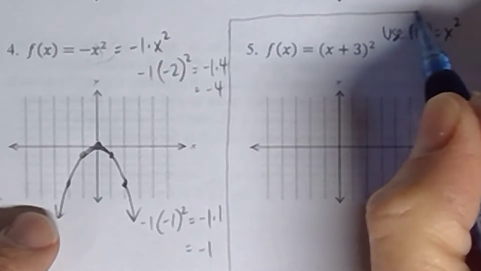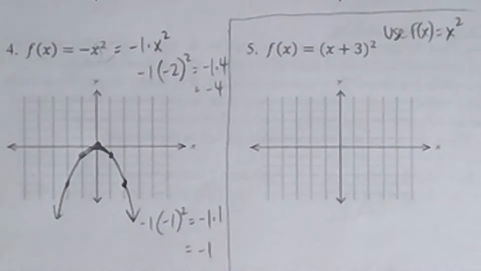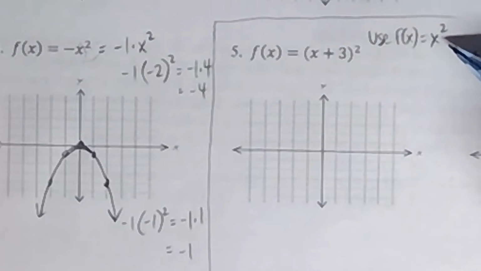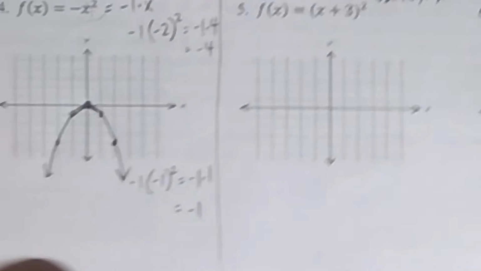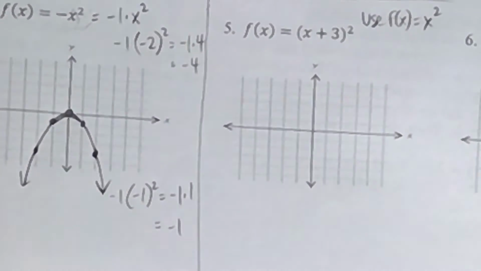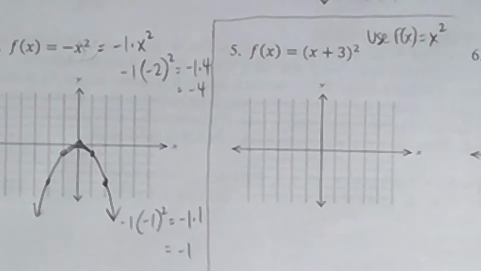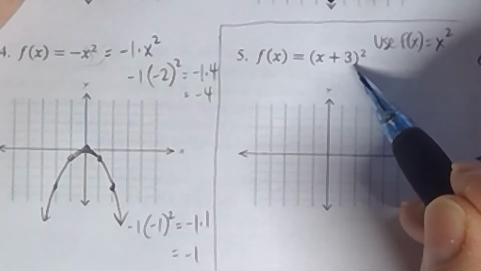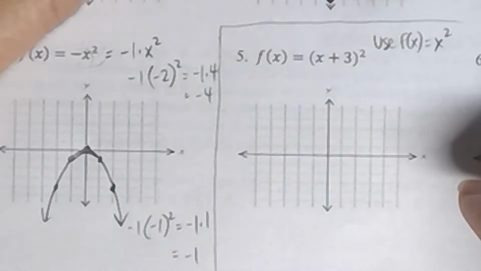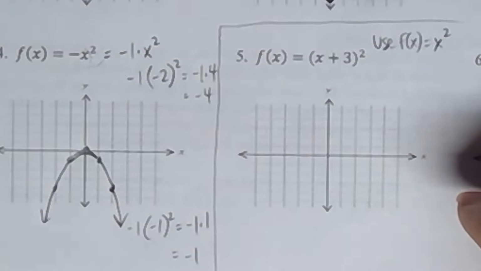Since you picked x squared, you have to ask yourself, what's being squared? What is being squared here? It's not x this time, but because we have a parenthesis next to the exponent, the thing inside the parenthesis, which is x plus 3, is being squared.